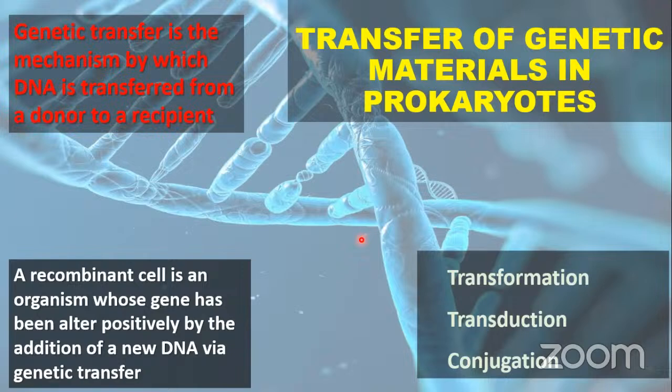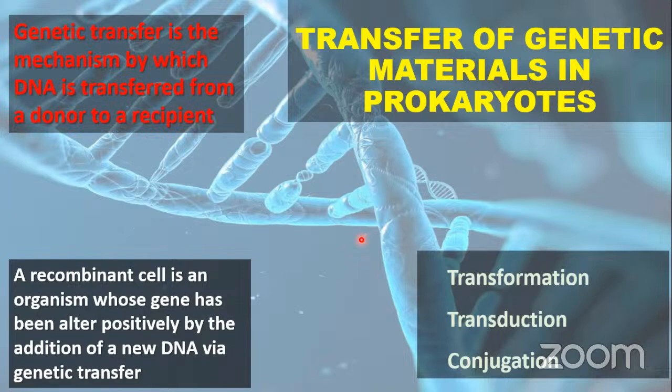During this process, the bacteria divides, and when it divides, the bacteria transfers the genes to the other progeny. So by this form, the genetic transfer is completed via the intervention of the bacteriophage.